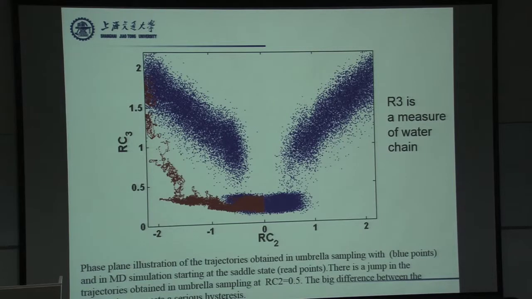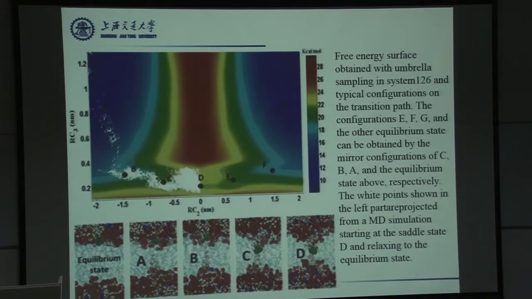That let us realize, probably you need another reaction coordinate to describe this phenomenon. Because this is a rare event that we force them to cross the membrane. It's not natural. So that let us believe, if you see the free energy path, it in fact found the best path.